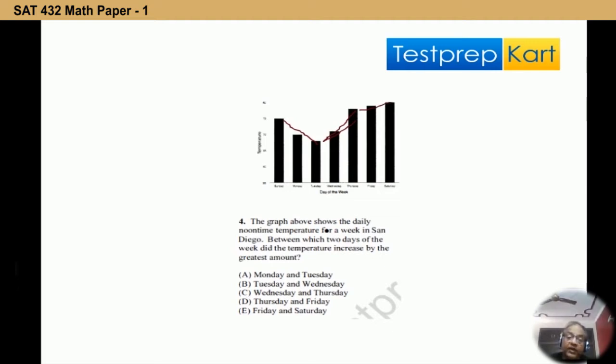Now as you can see by the gradient that this is the sharpest. You can see that here this is the sharpest rise in the temperature, and that's actually from Wednesday to Thursday. Wednesday to Thursday is the sharpest. Okay, so option C is the correct answer.